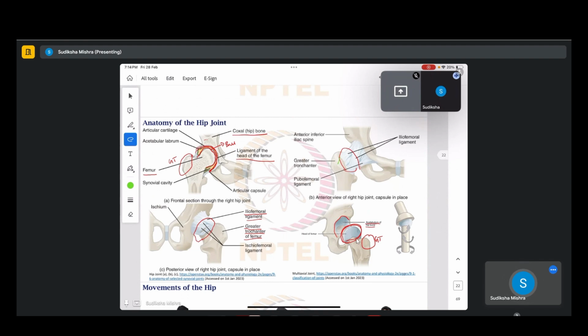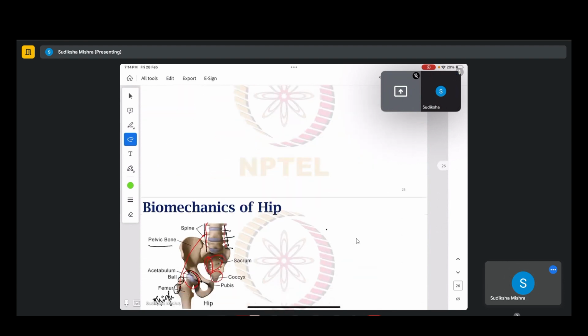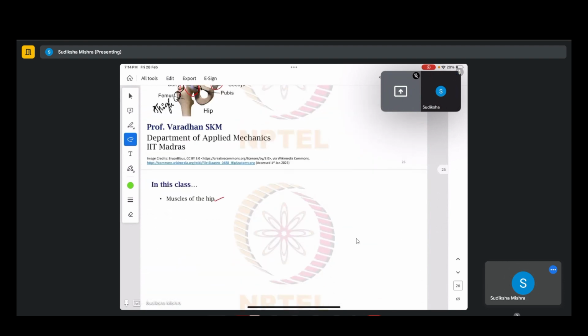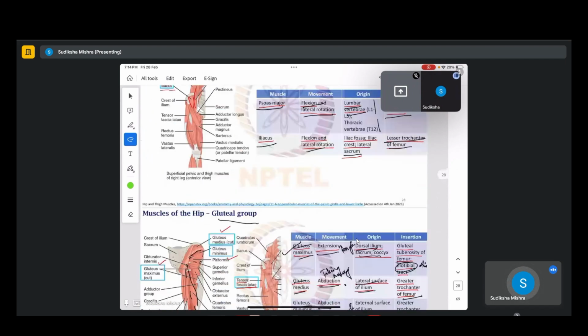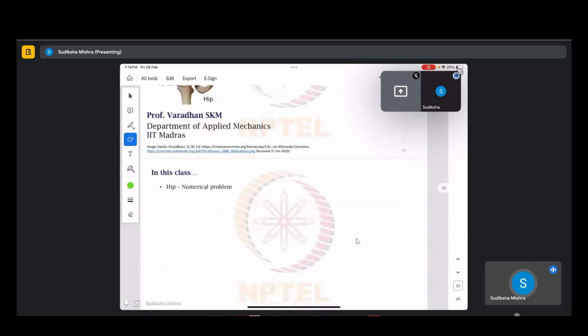This is the greater trochanter, where there are a lot of insertions, a lot of origins. We also looked at a numerical problem involving the hip joint.